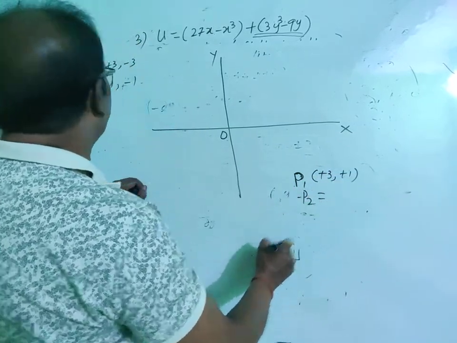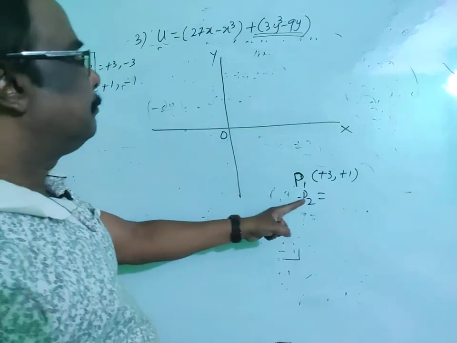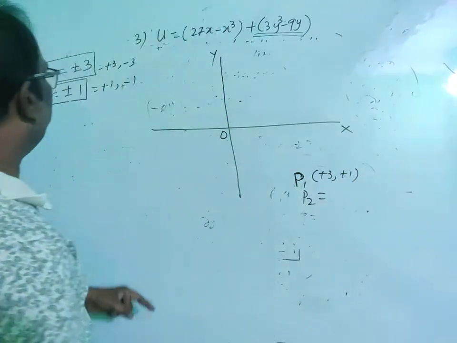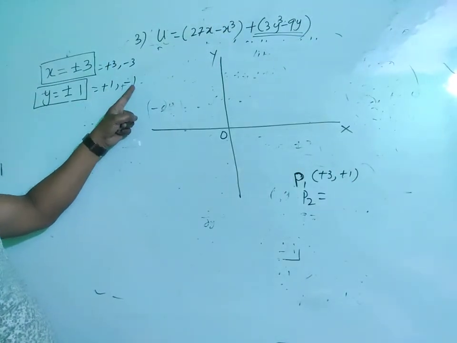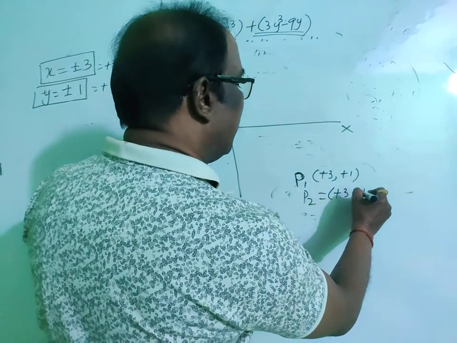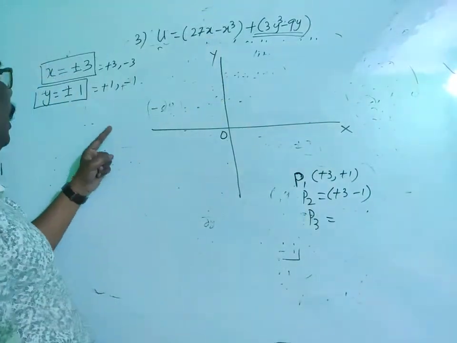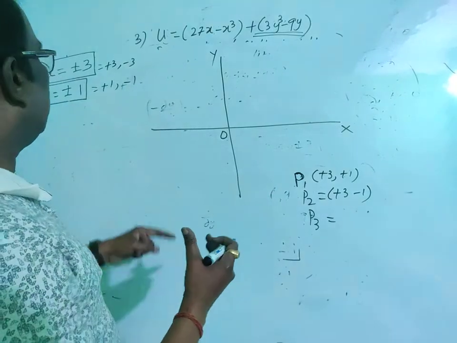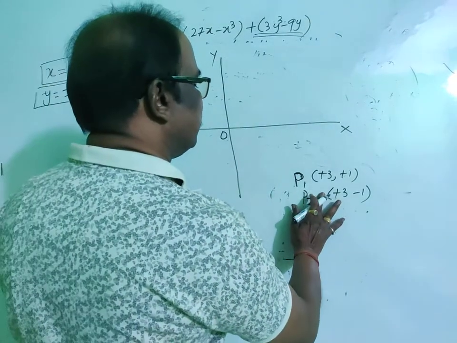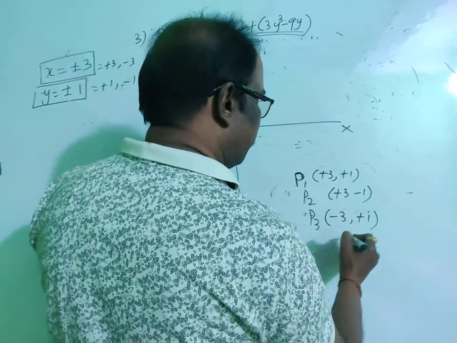P1 is equal to plus 3, plus 1. Then P2 is plus 3, minus 1. Then the third position P3 is minus 3, plus 1.